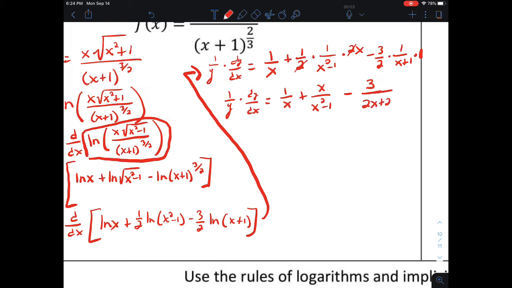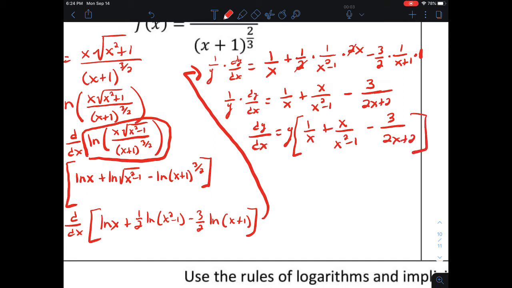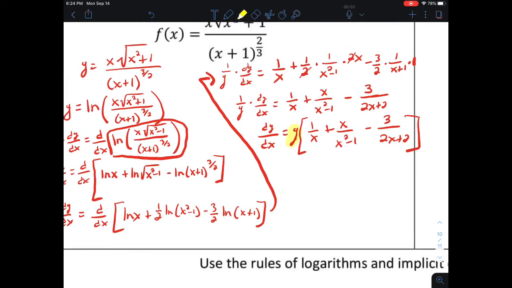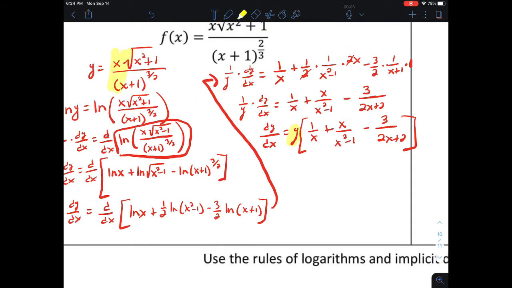Now we want dy over dx equal, so I'll multiply y to the other side. Dy over dx is equal to y times 1 over x plus x over x squared minus 1 minus 3 over 2x plus 2. Well, we can substitute y, so that our whole derivative is in terms of the same variable.